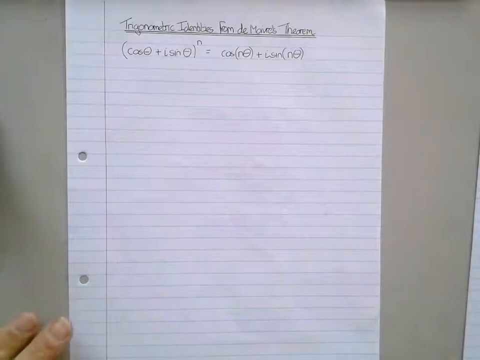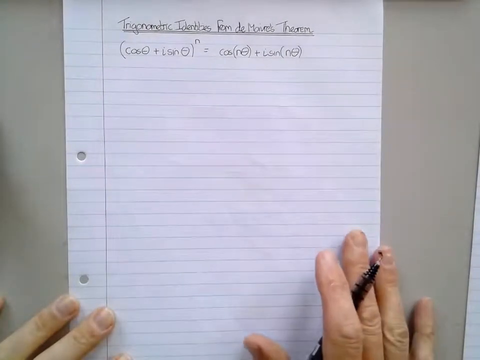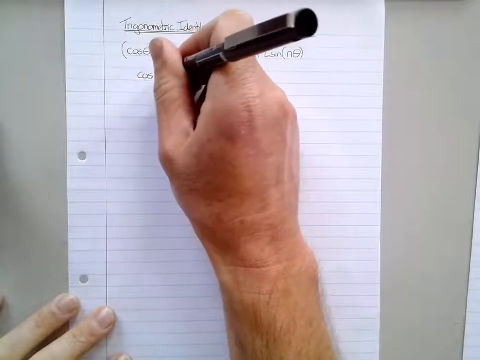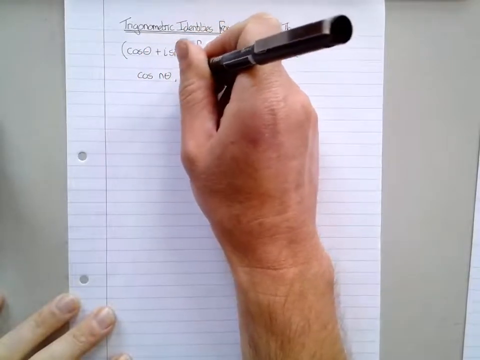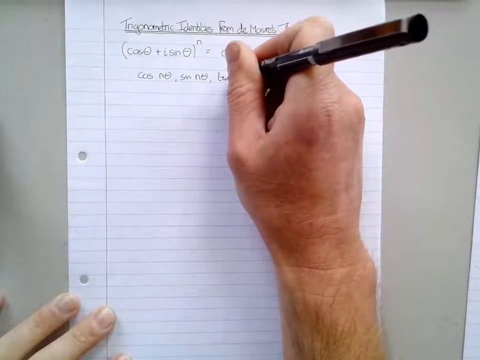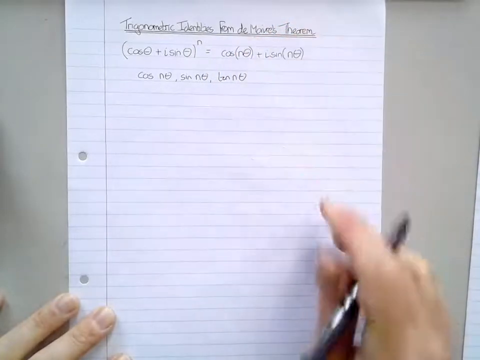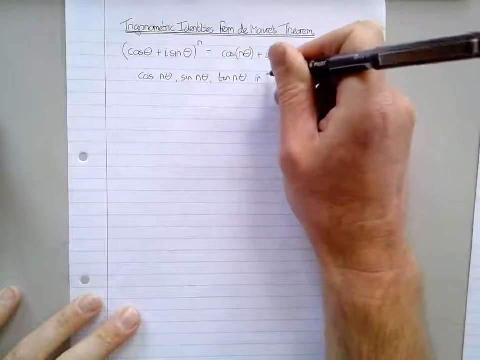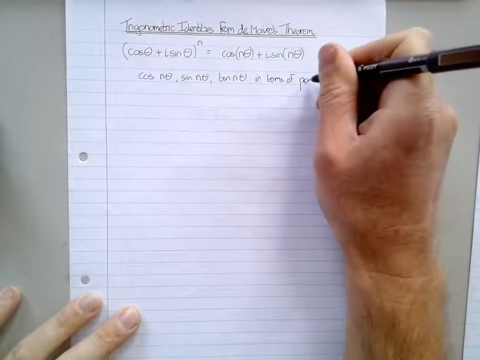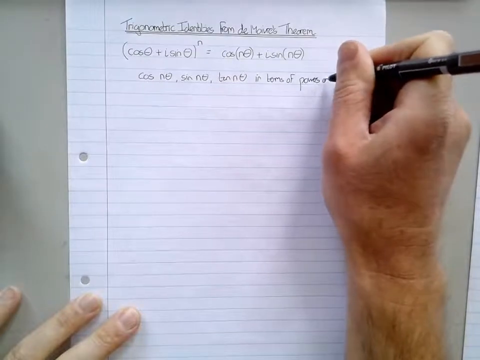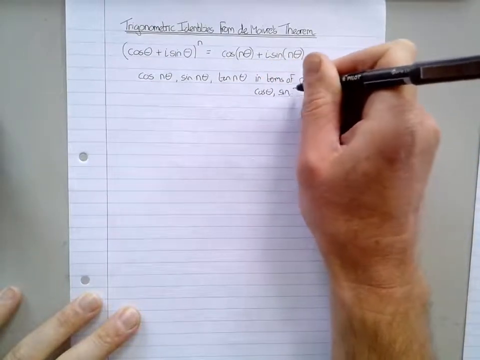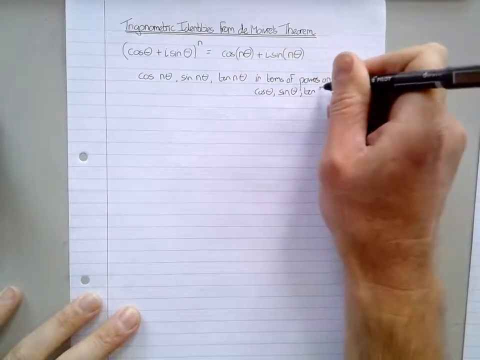The first ones, the easier ones, are the ones where we find a way of writing cos n theta or sine n theta or tan n theta in terms of powers of cos theta, sine theta or tan theta respectively.